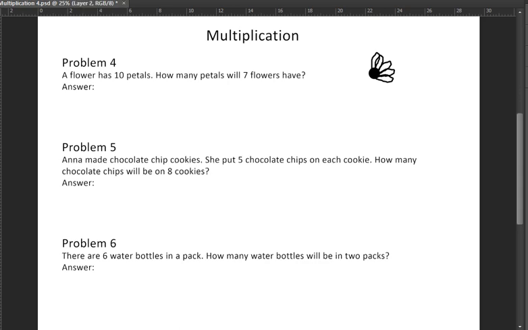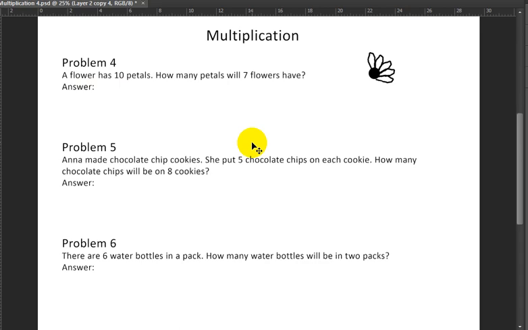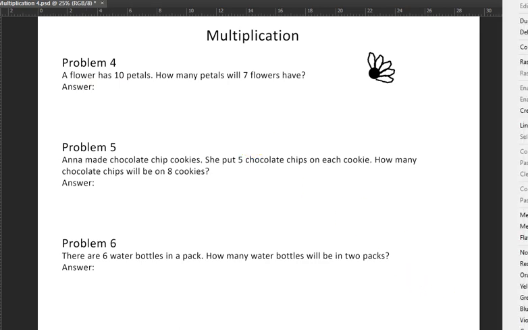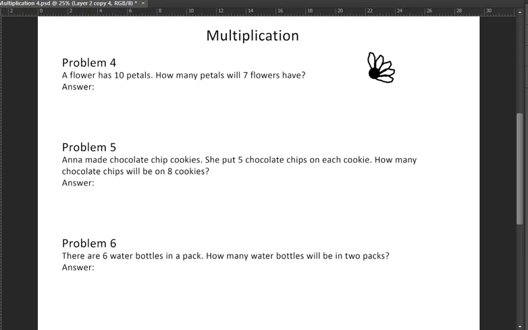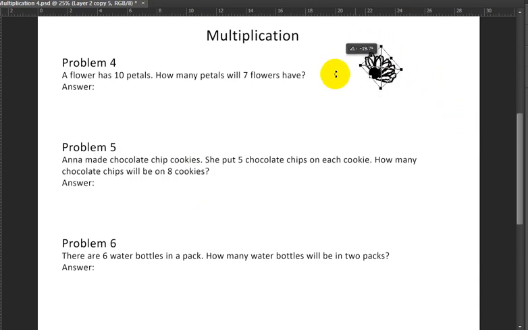We can move you over a little bit. Okay, so 5, and then okay, there we go.